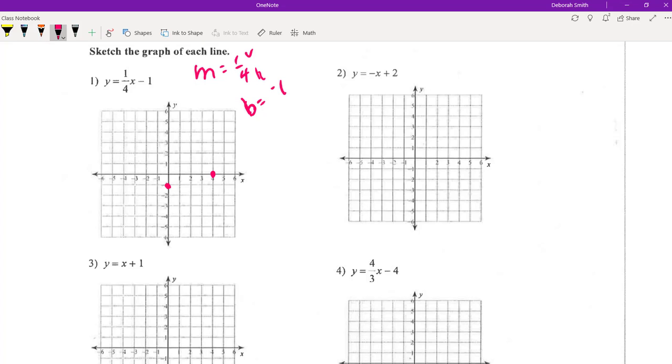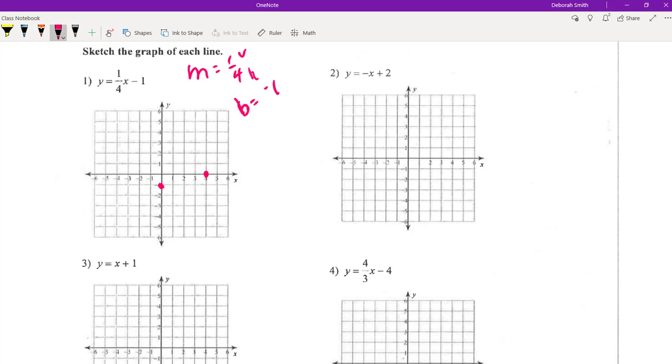Now that's as far as I can go in that direction, but I can also go down 1 and left 4, because we talked about yesterday, -1 and -4 together in a ratio is equal to 1 and 4 positive, because we're dividing them.